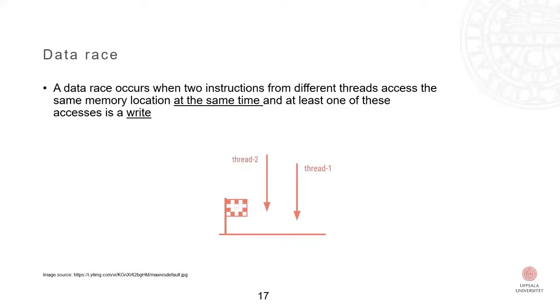For example, one of the very famous challenges is called data race. A data race occurs when you have a piece of data which is shared and different threads want to access it at the same time. And it is called a data race when at least one of the threads wants to write something there. So imagine the example in which we would like to use threads for correcting the exams.